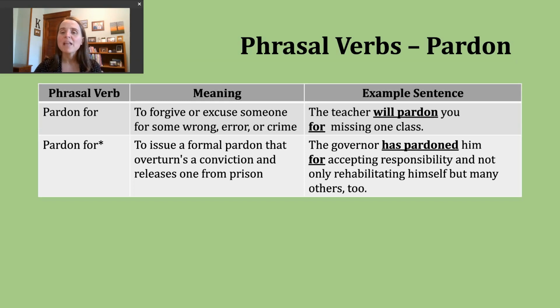An example of this: the governor has pardoned him for accepting responsibility and not only rehabilitating himself, but many others too. So people get pardoned for different reasons. In this instance, right, they're recognizing someone took responsibility for whatever crime it is that was committed. He's been working on improving himself and others who happen to be incarcerated as well.